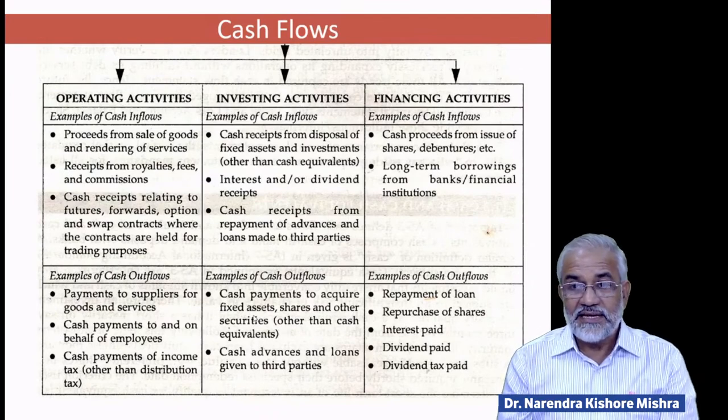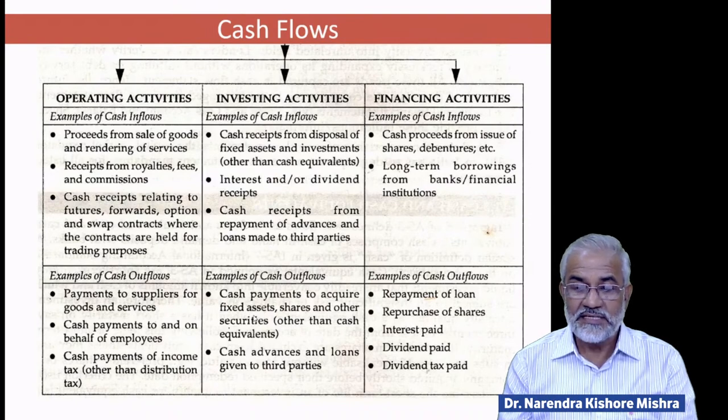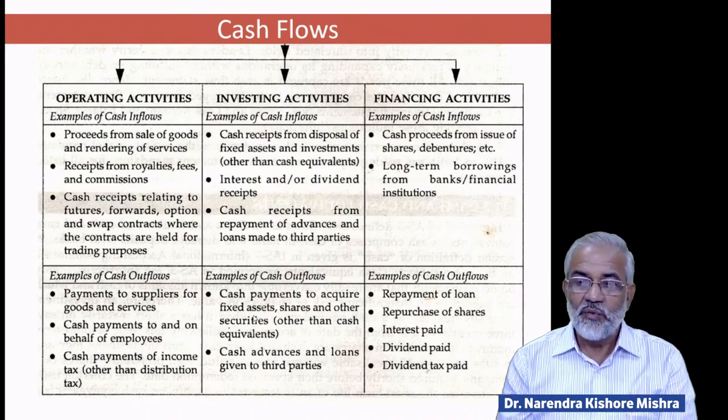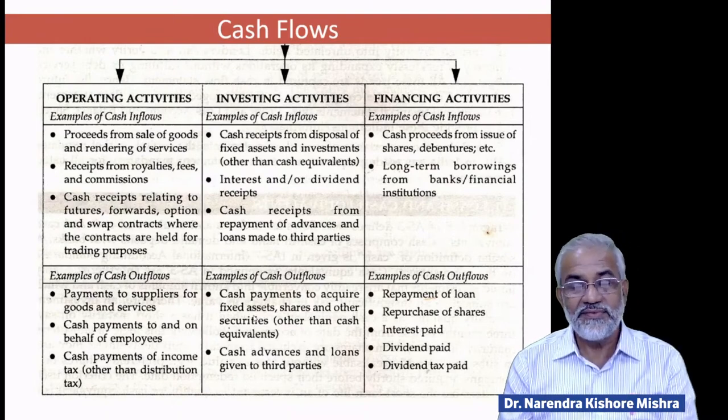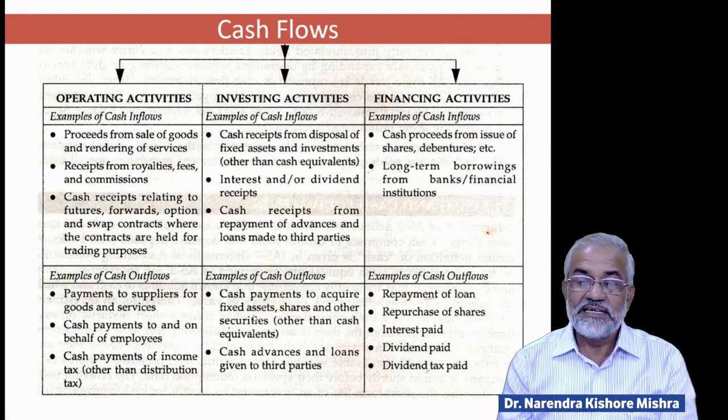Bond bears interest and shares bear dividend. Dividend has to be paid to the shareholders as a return on equity. When dividend is paid, that also results in outflow of cash, and that outflow is coming under the financing activities. The last item is the dividend tax paid, dividend distribution tax.